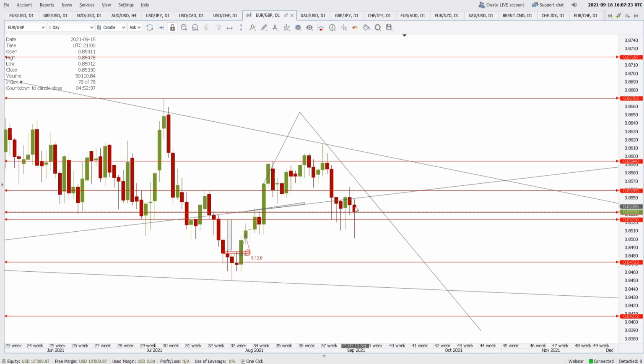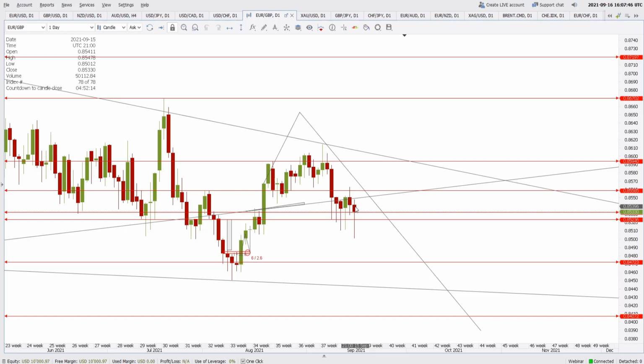Even today the price made an intraday low of 0.8501 and has come back to 0.8533 once again. So there is a possibility that today or tomorrow or maybe next week the price will head back to the 0.8558 and 0.8594 region.